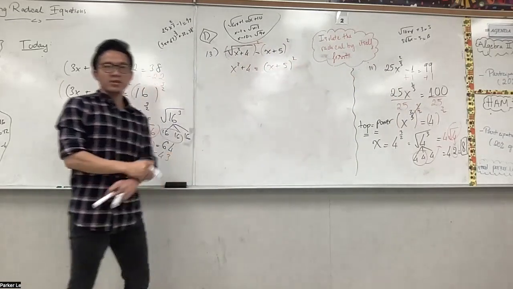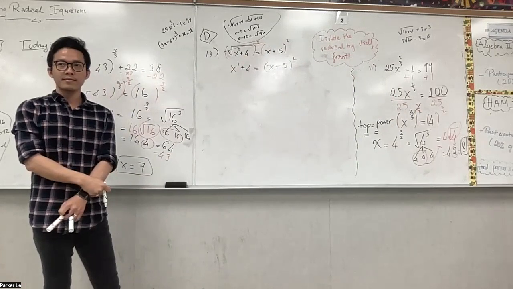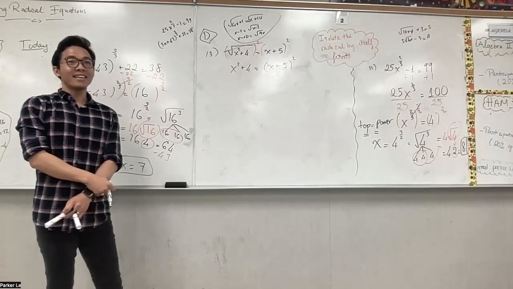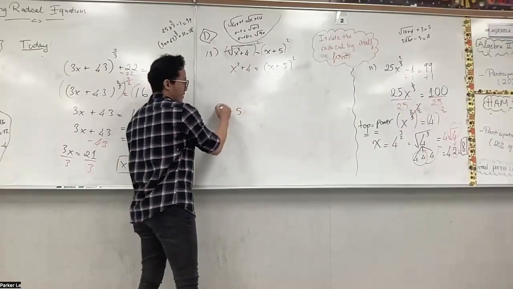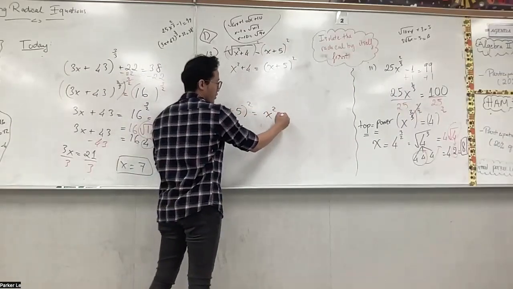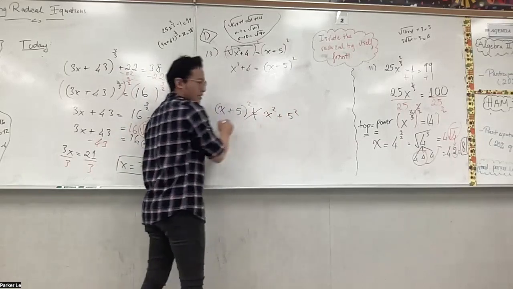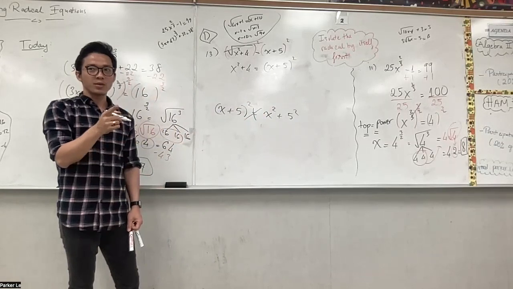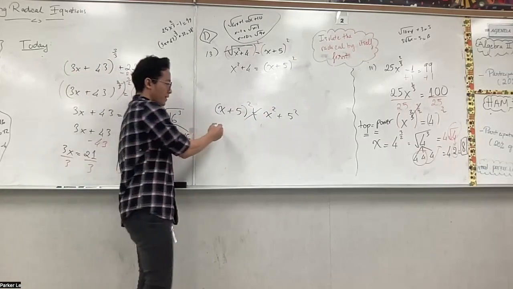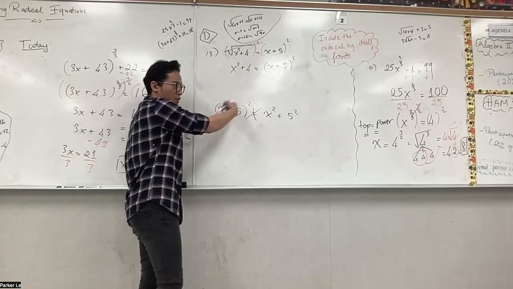Okay, what is x plus 5 squared? That is the one I don't want to see. Remember, this is not equal to this, okay? So what are you going to do? x plus 5, x plus 5. When can I distribute the power?